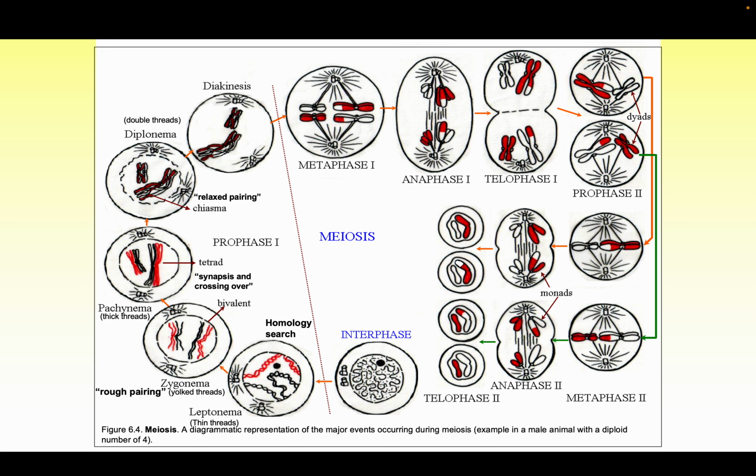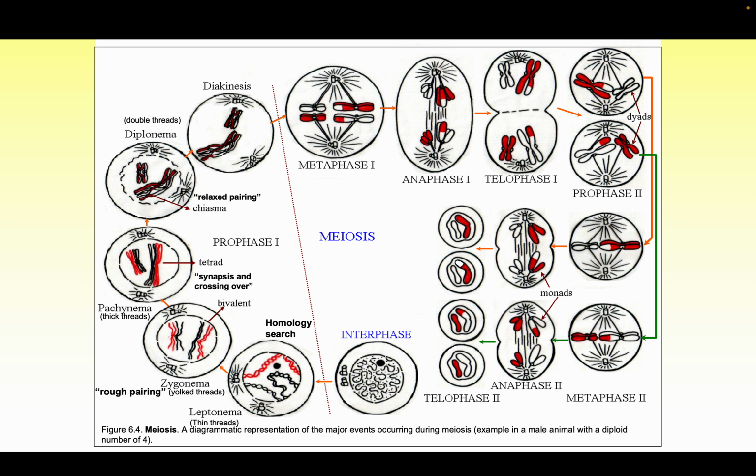Okay, so you can expect that the haploid daughter cells after meiosis 2 are different genetically, because there's recombination of sections of DNA, sections of genes, during meiosis 1.